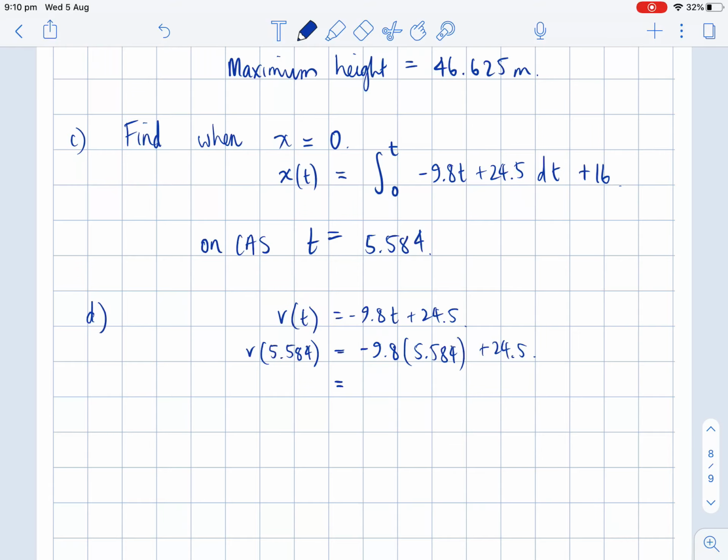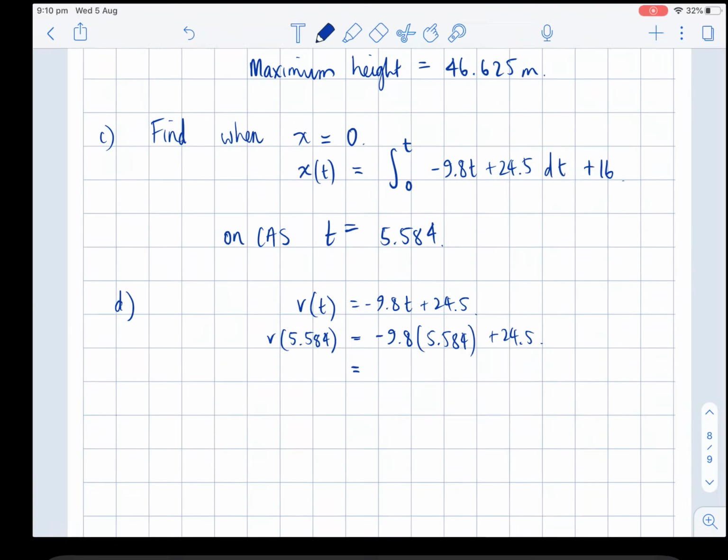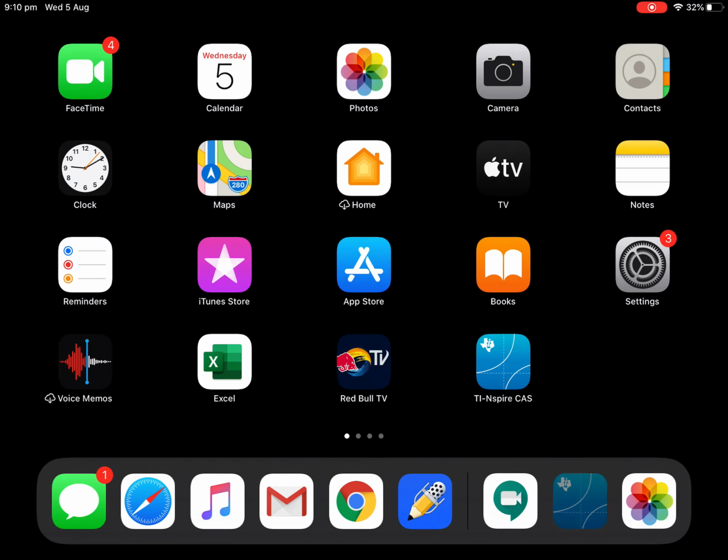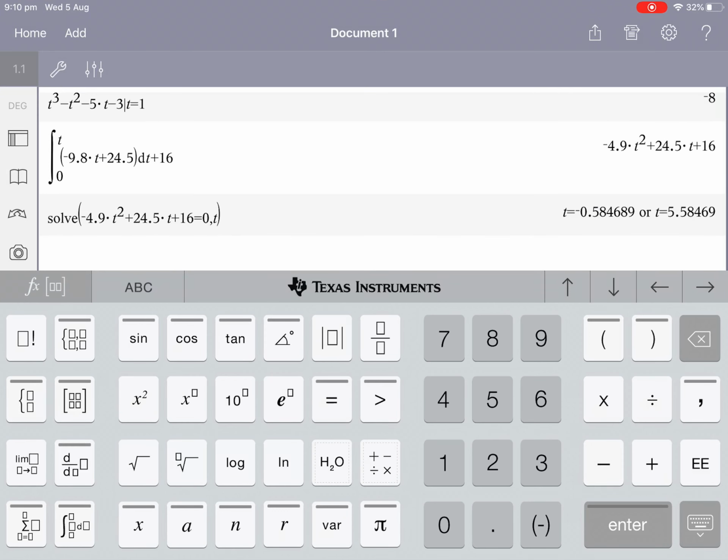And when I do that, same thing again. I don't like these numbers by hand, so I want negative 9.8 times the answer that I got before.